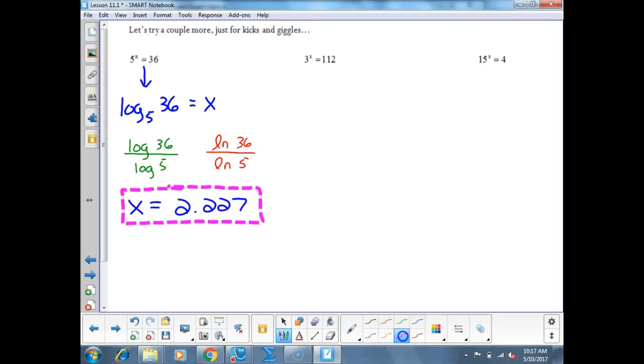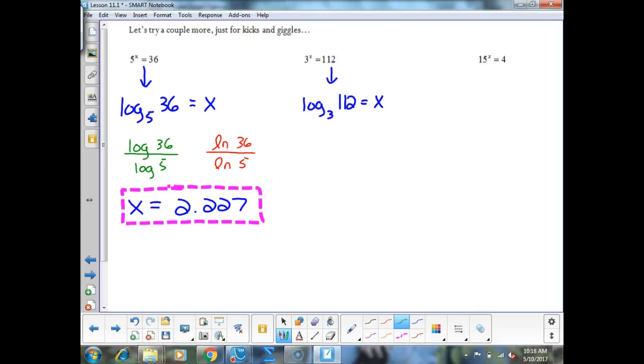What I would like you to do now is solve those next two. First, I have to change form, so this becomes log base 3 of 112 is equal to x.